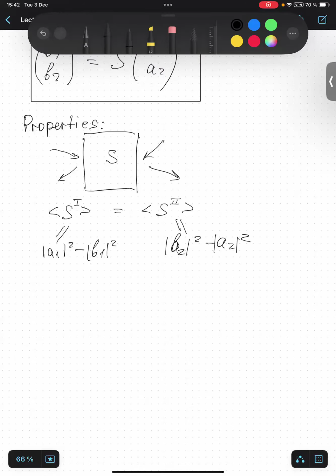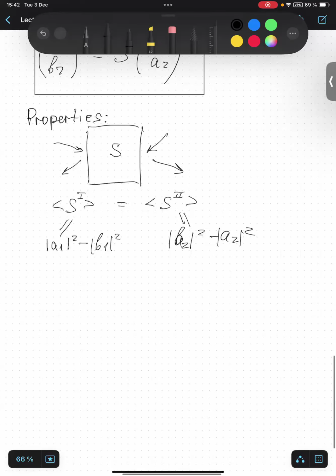So why B minus A in the second region? I guess it's clear. It is obviously because we have a different direction of kz. So in other words, we can write A1 squared plus A2 squared equal to B1 squared plus B2 squared.